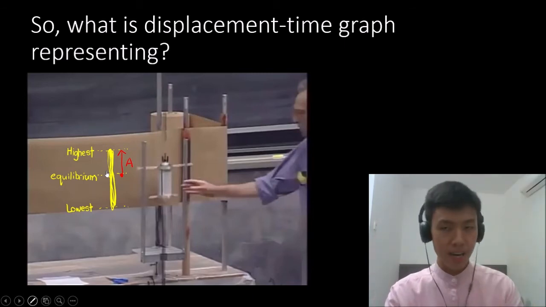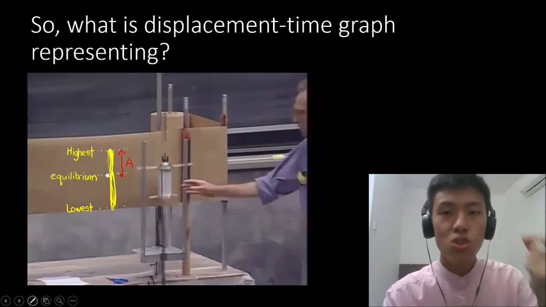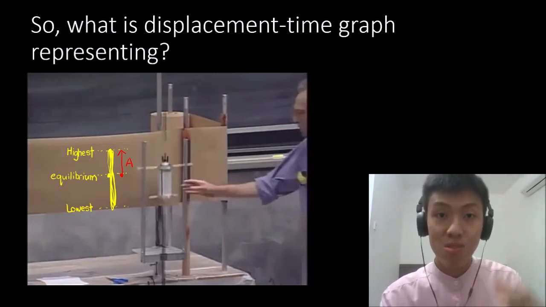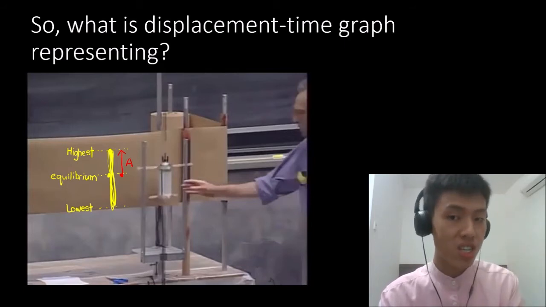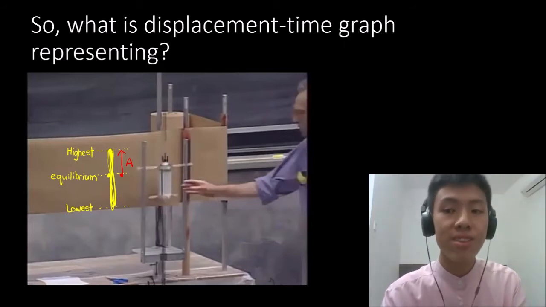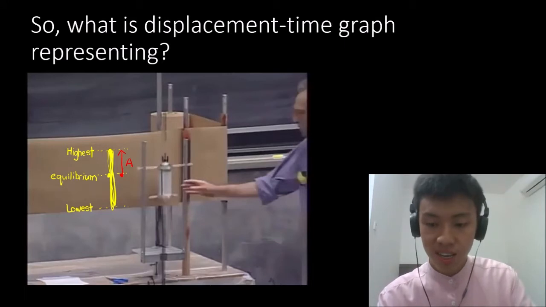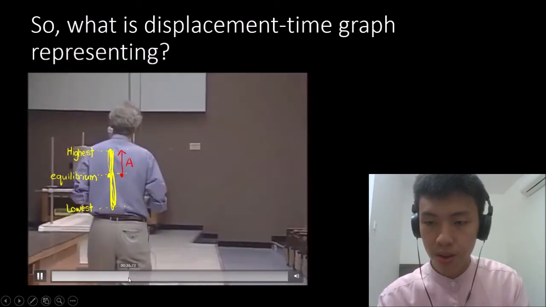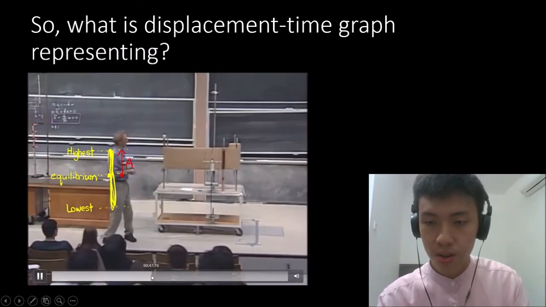So at different times, the position is different. What you see on the graph paper later is a representation of the position of the spray can at different times. Okay, so introduce it by pulling on this string, vertically of course.